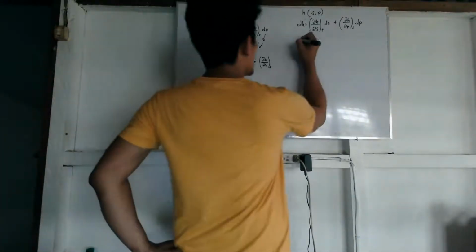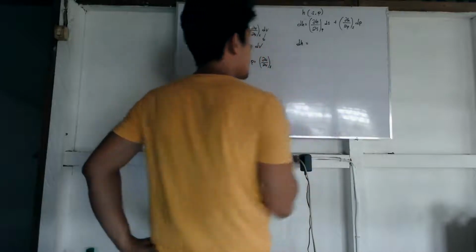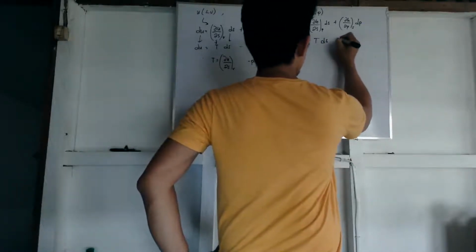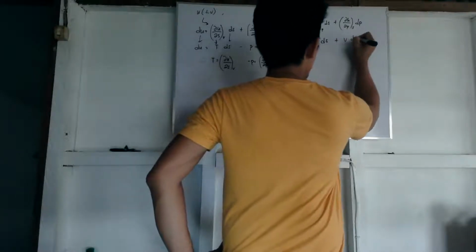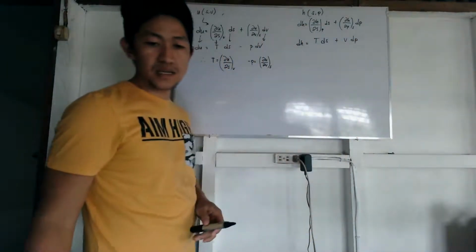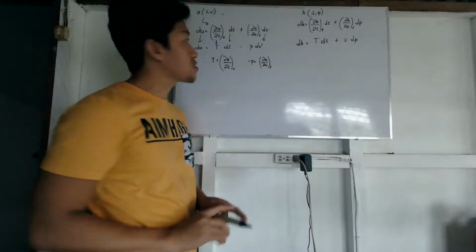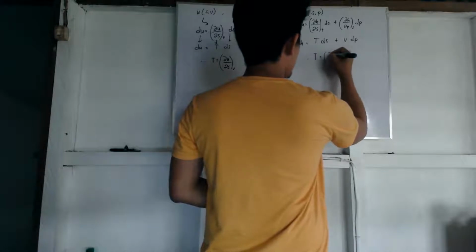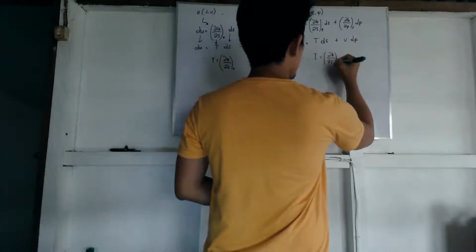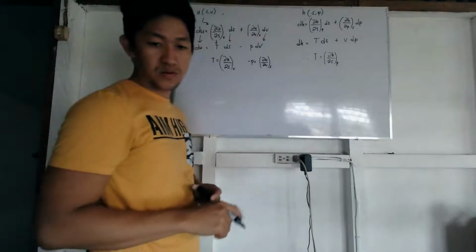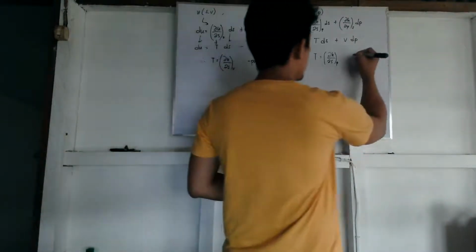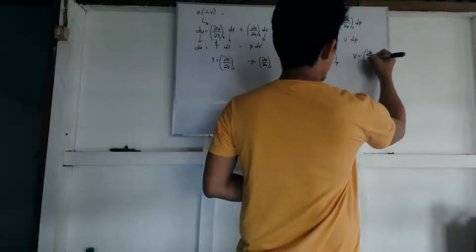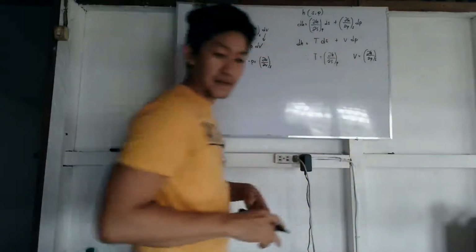And then again from the T ds equation, this is just T ds plus v dP. Again, so maka-conclude na ta, ano? Temperature is just equal to partial of H with respect to S, constant pressure. Volume is just partial of H with respect to P, constant entropy. Okay.